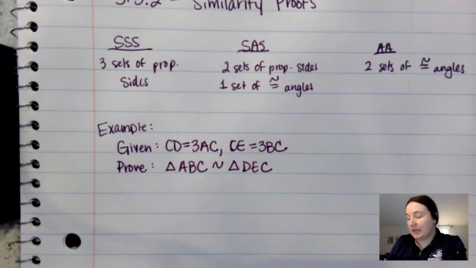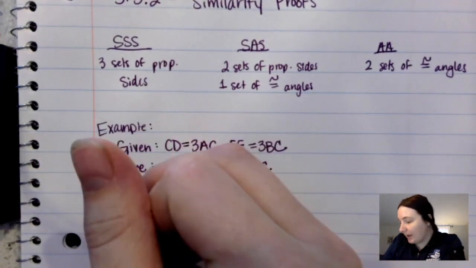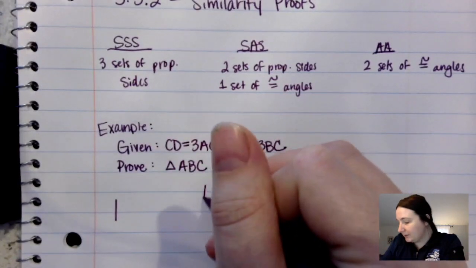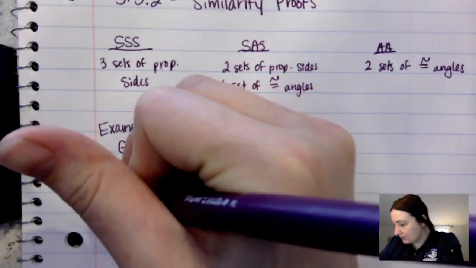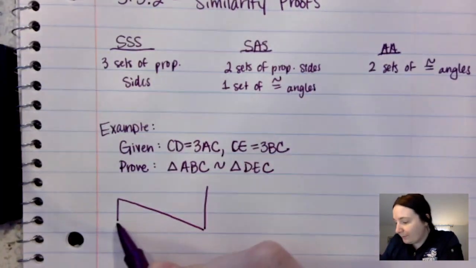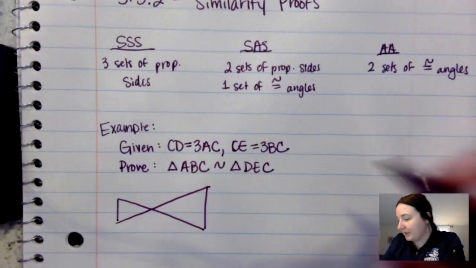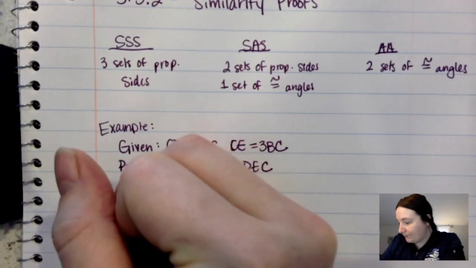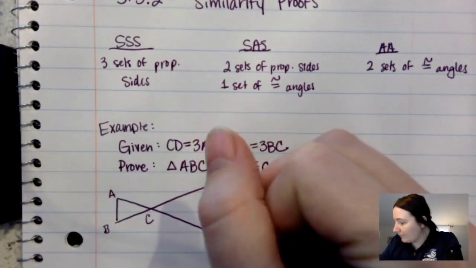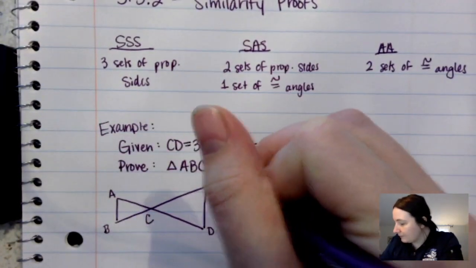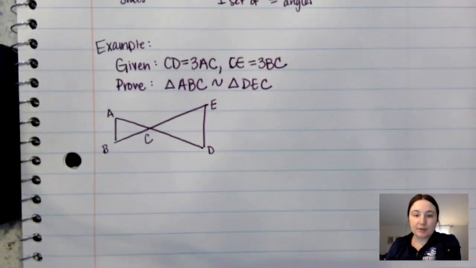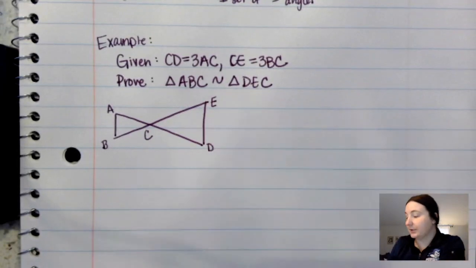And then you're going to be given a picture of what's going on. So in this case, we have a picture that looks like this. And just do your best to sketch it. It does not need to be perfect. So again, pause the video whenever you need to make sure that you have all the information written down.